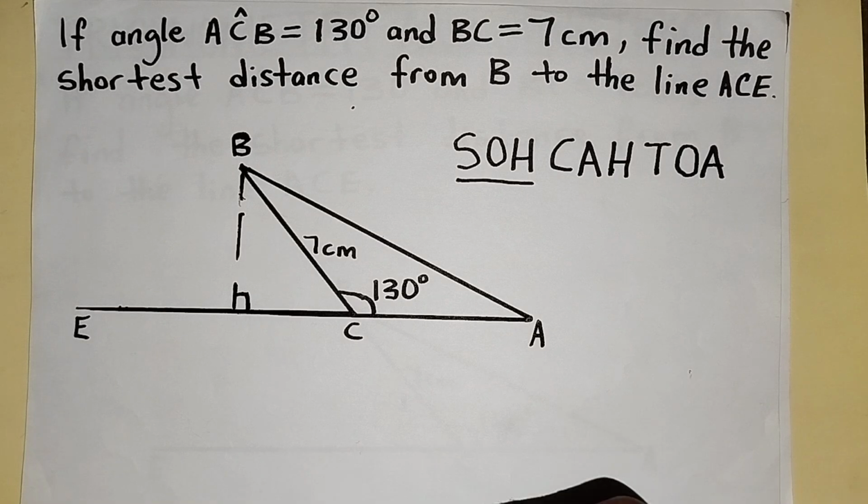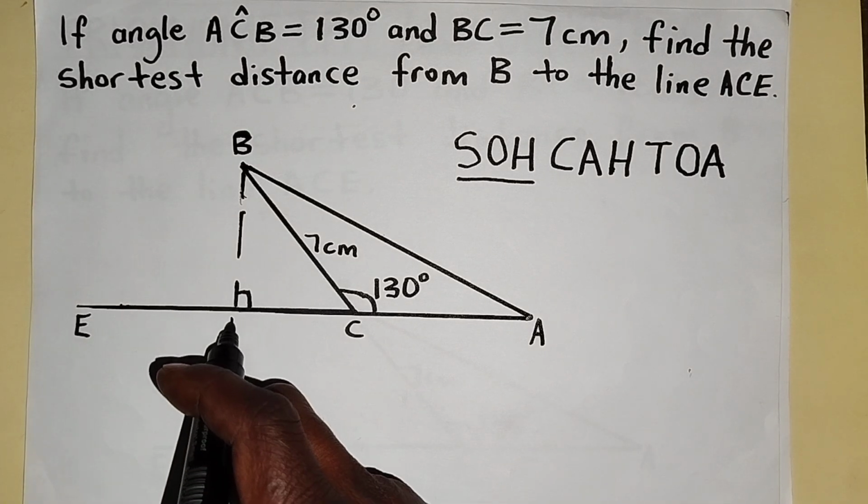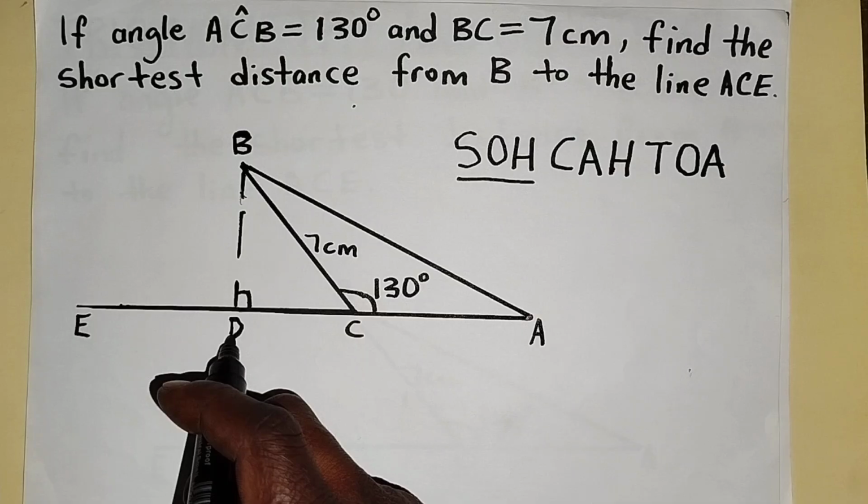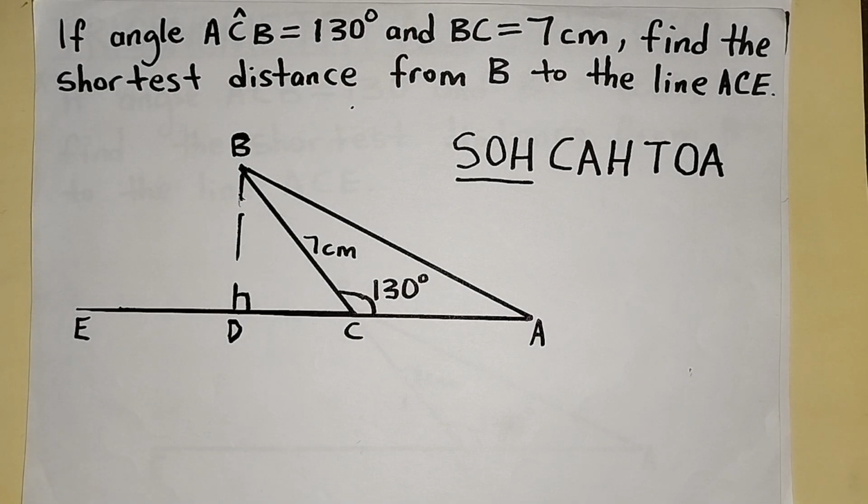So let me call this point D. Okay, so this one will be length BD. So in other words, we want to find the length of BD. That's the shortest distance of a line from B to ACE. So they meet at D there. So we want to find the length of BD.